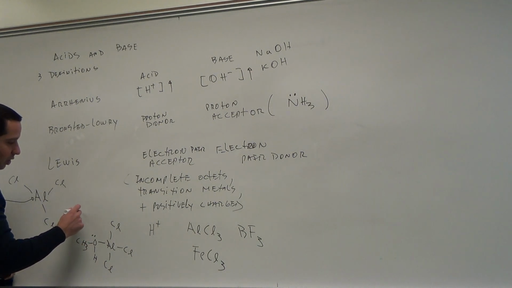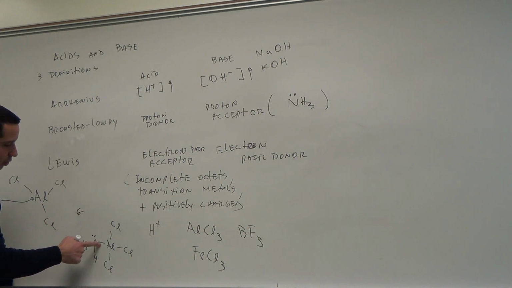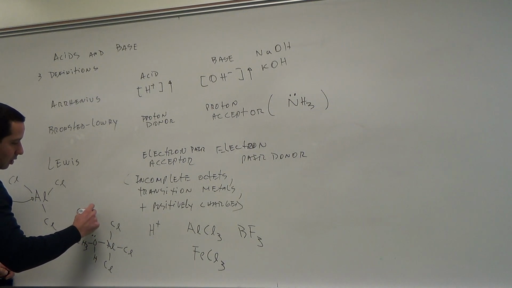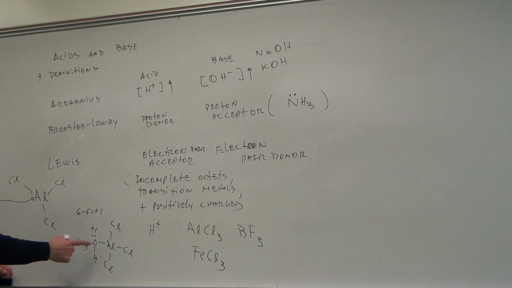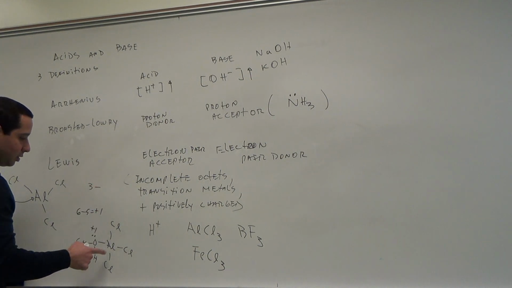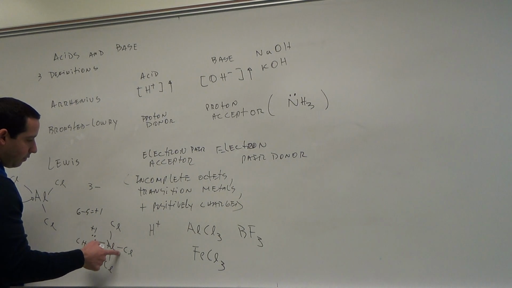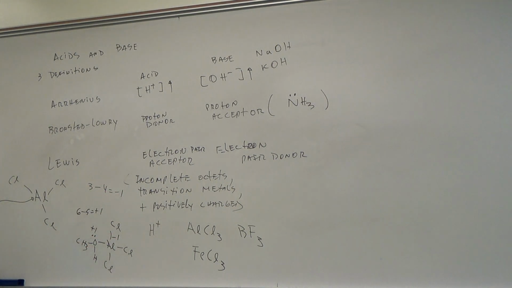Oxygen has a valence of 6, minus one, two, three, four, five. Oxygen is positive 1. And aluminum is where in the periodic table? 3. 3 minus 4, yeah, negative 1. So this aluminum is minus 1.